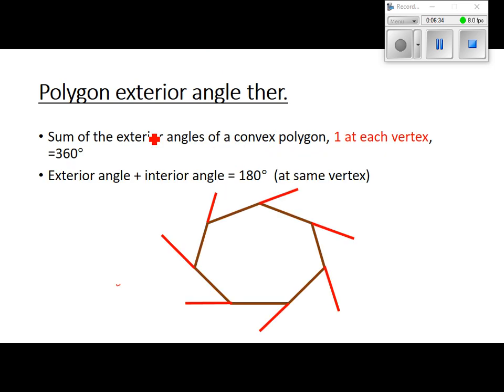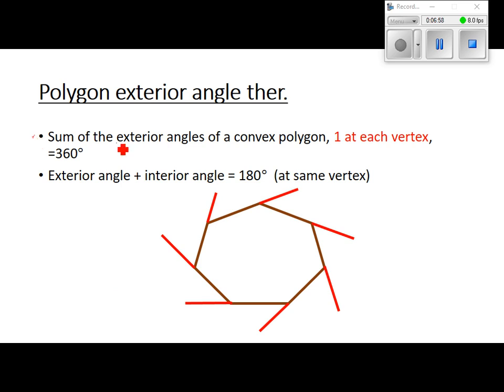Polygon exterior angle theorem. The sum of the exterior angles, this is the easiest thing, and this is your assignment. It looks like it's long because it's got, I think, 30-some problems on it, but there's at least one of the pages where this right here is going to make it completely easy.